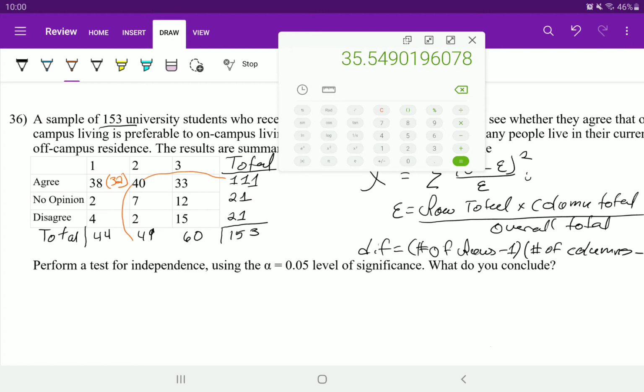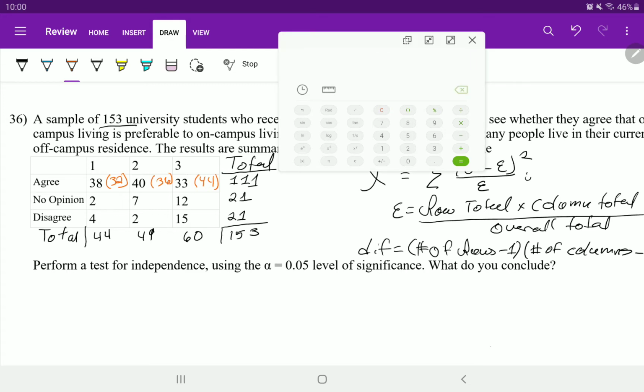So that's going to be 36. Repeat the same process again: row total of 111 times the column total of 60 divided by the overall total of 153. And that's going to be 44 when I round to the nearest whole number.